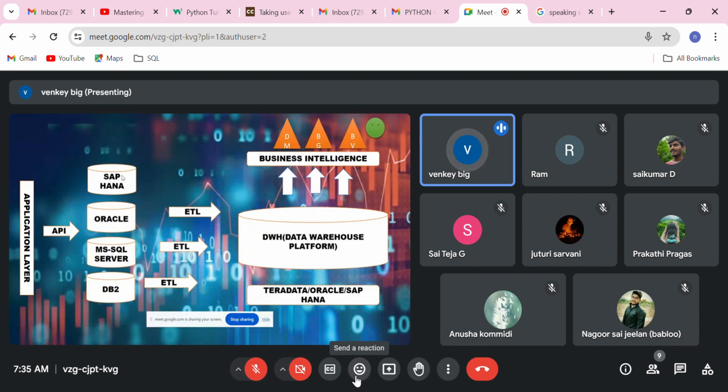That will happen on top of this OLTP system on a regular basis. So it supports transactions.